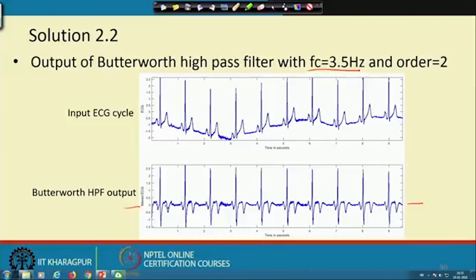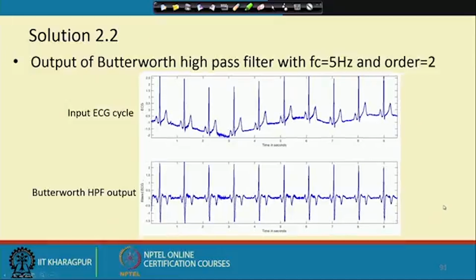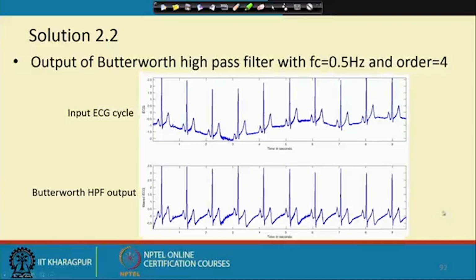You see that we are getting almost a horizontal line, but then again all those problems we had in the previous case, the increase in the difference between the Q and S waves, and the shape of the T wave, all remain the same as in the previous case. So, we cannot say that the signal is undistorted, the signal has undergone a lot of distortion. So, it is not a very good choice.